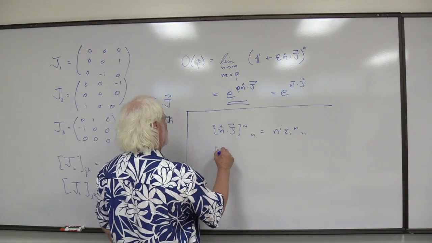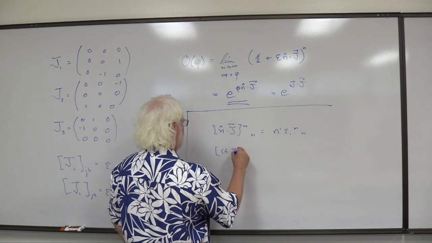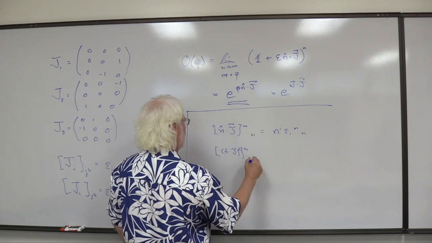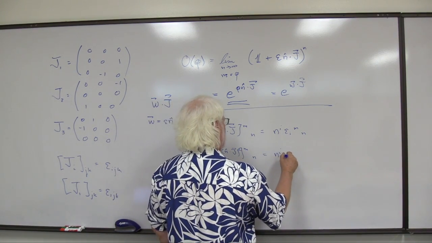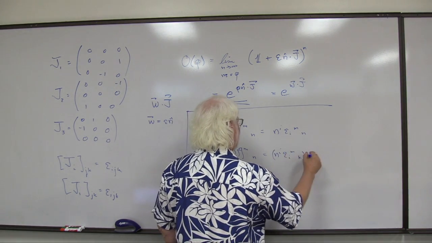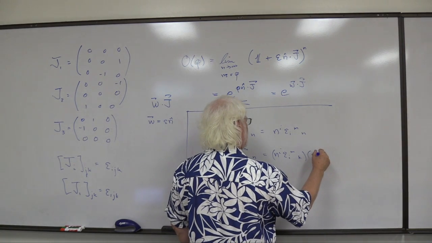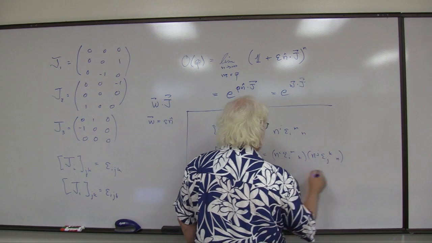If I square this, we look at the components of this squared. It's going to be two of these: n_i epsilon I m k multiplied by n_j epsilon j k n.